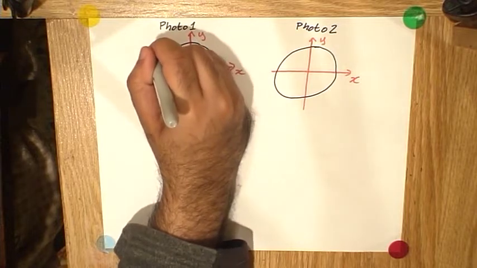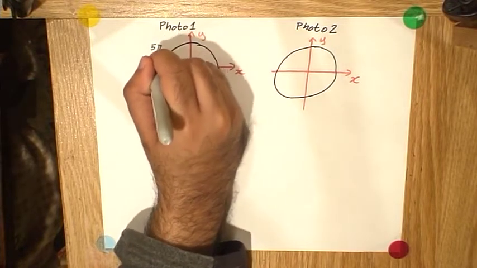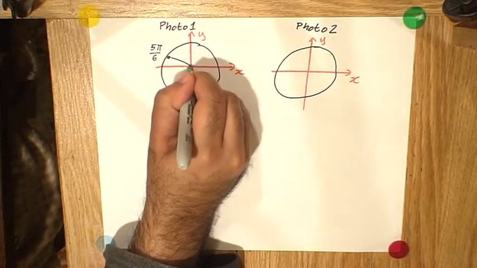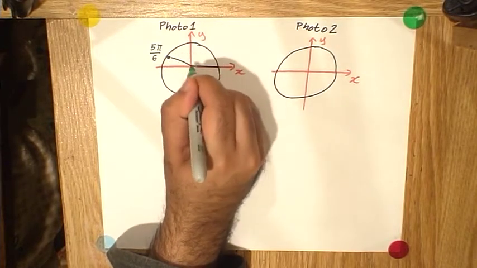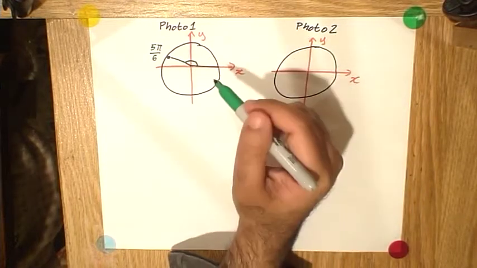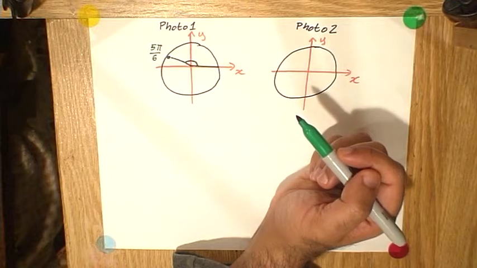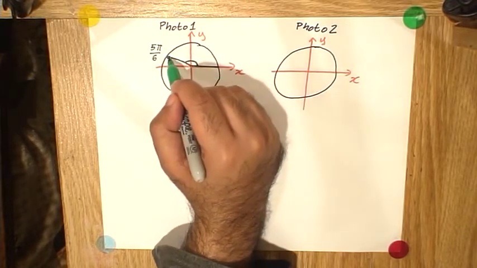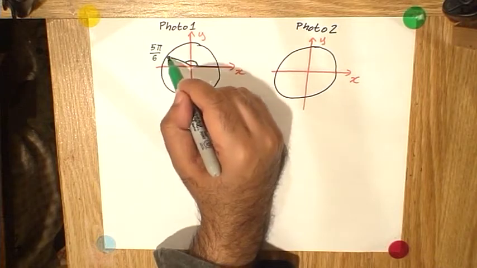In position 1, it was located at 5 pi over 6 radians. That's this angle over here. 5 pi over 6 radians is equal to 150 degrees. So relative to the positive x-axis, that places it somewhere here, close to 180, not quite.